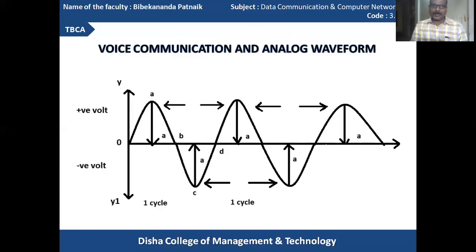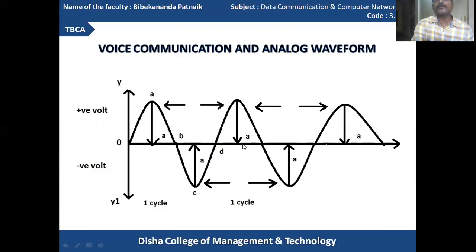This is a simple graph, or picture presentation, of voice communication and an analog waveform. There are two axes. The first is the Y axis, which is vertical, and this is horizontal.